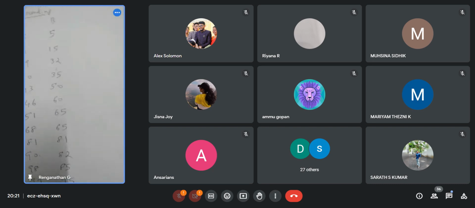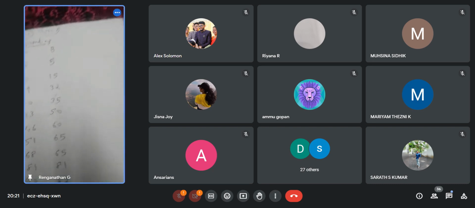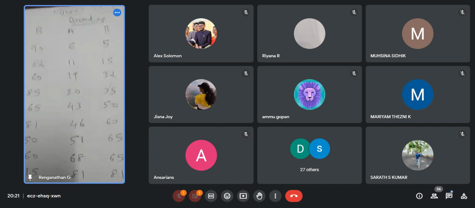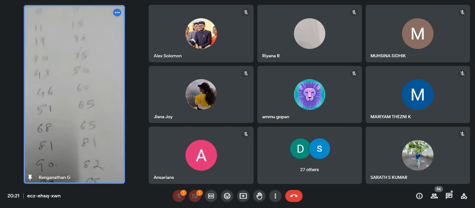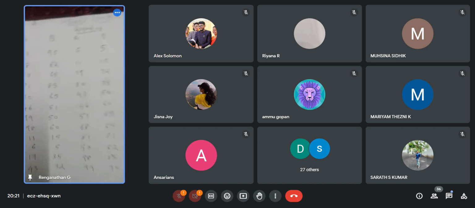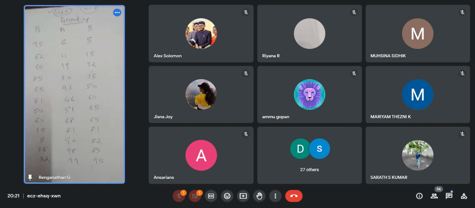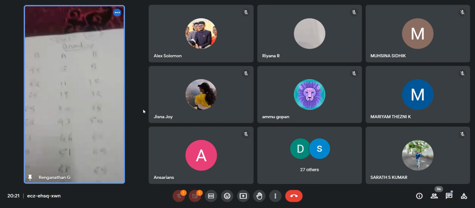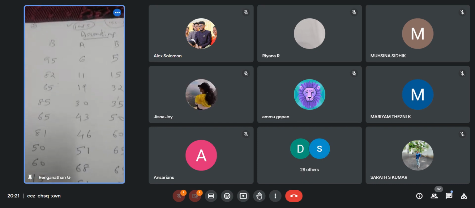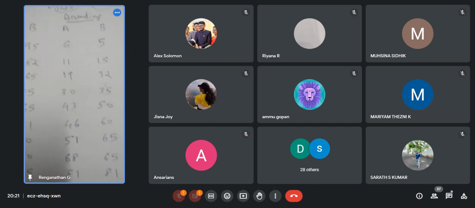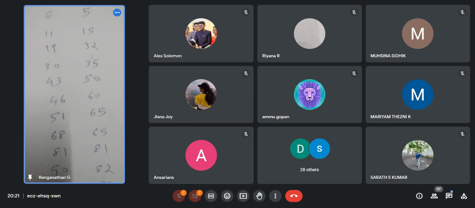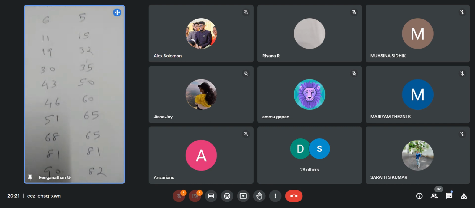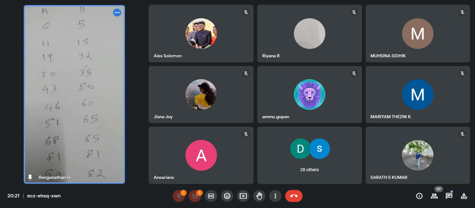Do that fast. Get all the figures arranged in ascending order.